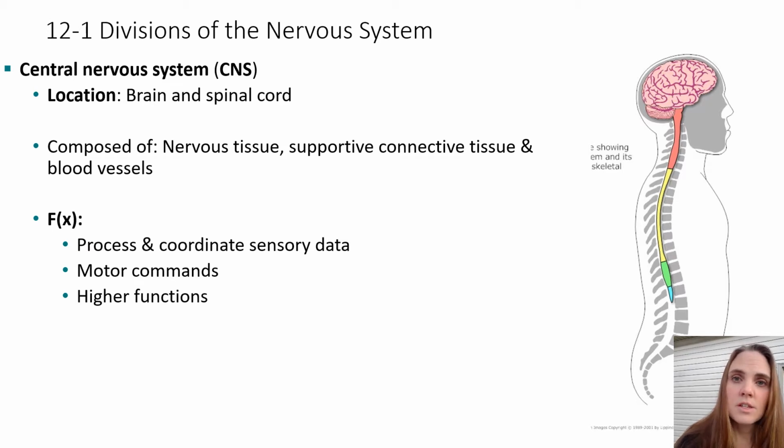The function of the central nervous system is going to be to process and coordinate sensory data coming from both inside and outside of our body, and to control motor commands, sending information about what our peripheral organs, such as skeletal muscles, should be doing. And then also what we call higher functions, which when we say higher functions, we're referring to things like intelligence, memory, learning, and emotions.